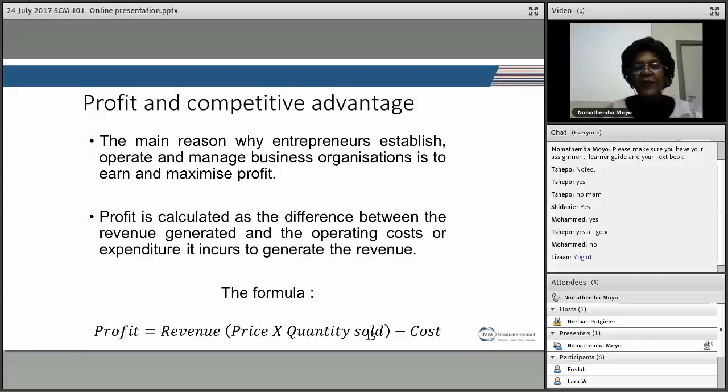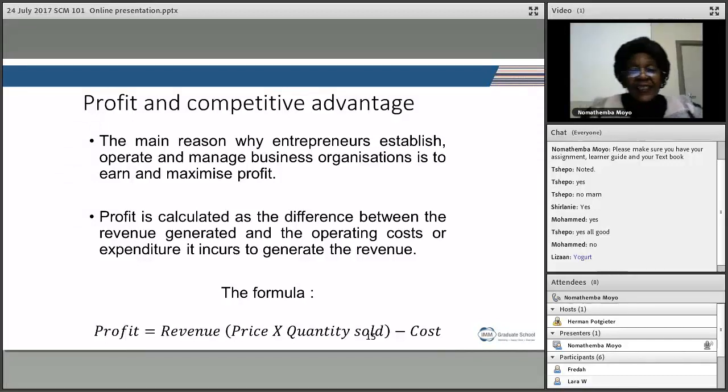Then, profit and competitive advantage. What do we mean by profit? Profit is what you get, revenue less the cost. Then you get what is called a profit. So the main reason why entrepreneurs establish, operate, and manage business organizations is to earn and maximize profit. People are into business to maximize profit.